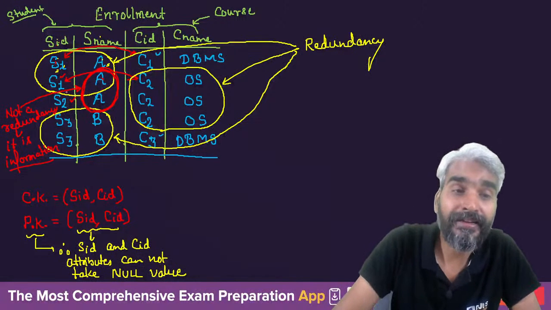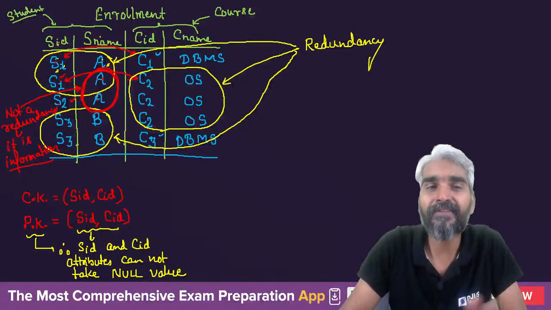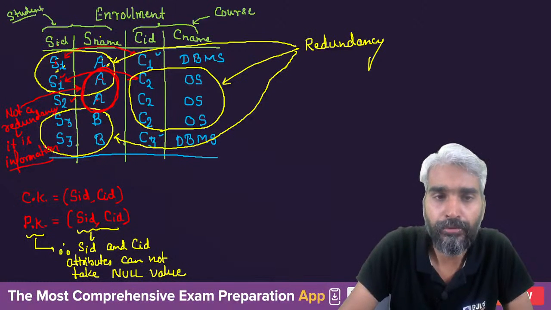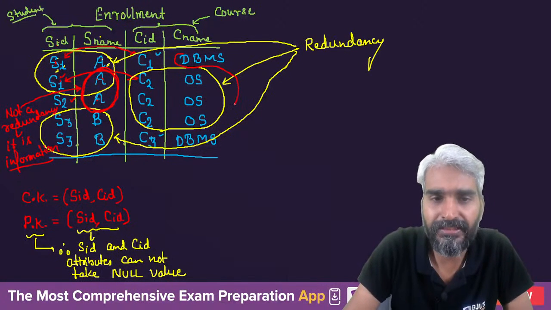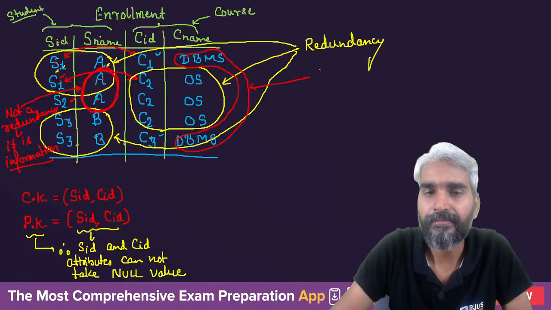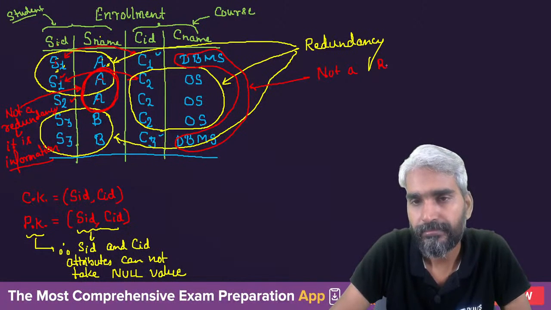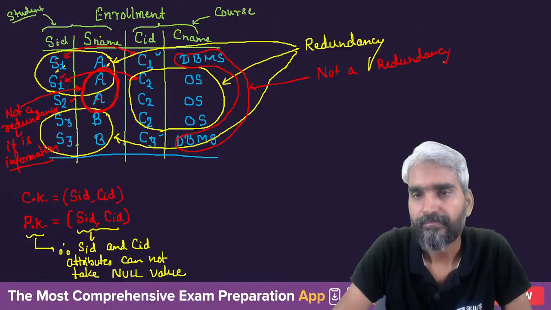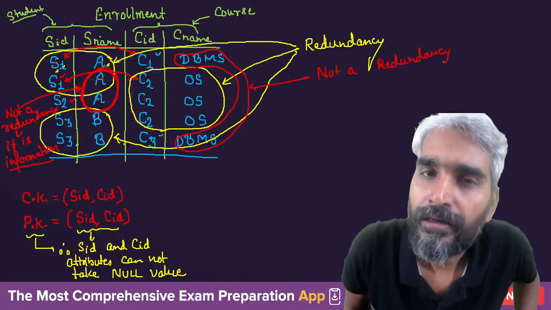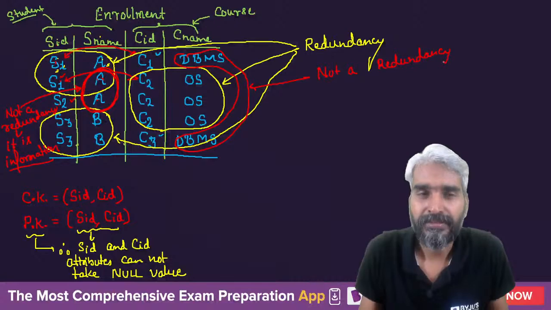This is not a redundancy because two different students are having the same name. Similarly, here also, this DBMS is not a redundancy, because two different courses are having the same name. Got the idea? So these redundancies are present in the relation.